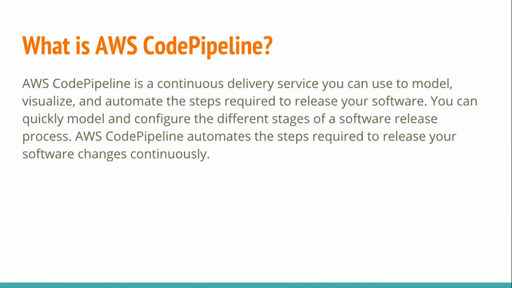If we use the AWS CodePipeline service, we can do these steps automatically. Let's say one developer checked in the code. The pipeline will automatically initiate the build, run the tests, and deploy to the specified environment.